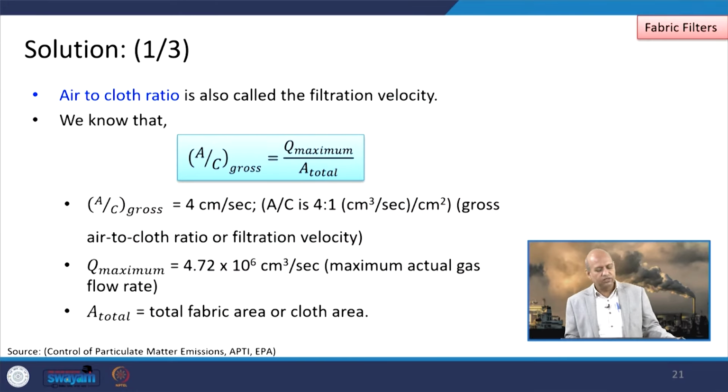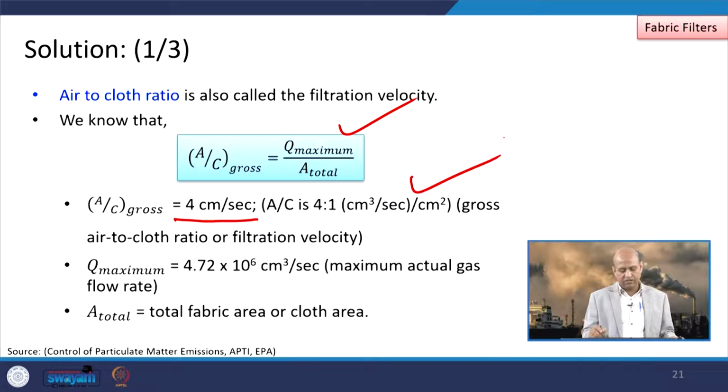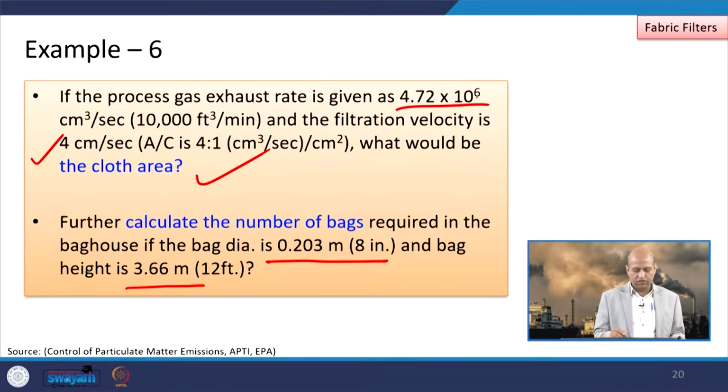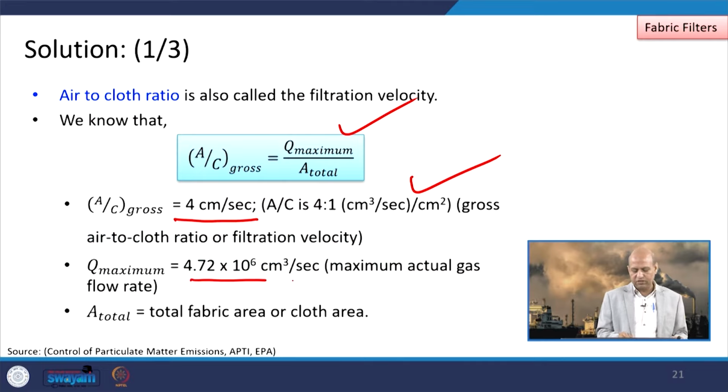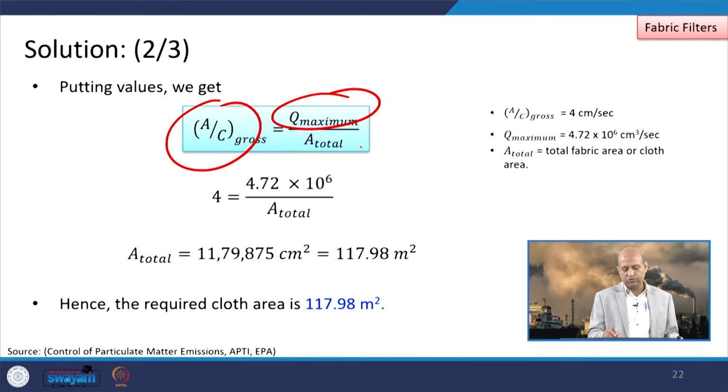The air cloth ratio, A by C gross, is Q maximum divided by A total. A by C gross is given as 4 centimeter per second or 4:1, so you can use this relationship. Then 4.72 is the value given for Q maximum. A total, the fabric area, is what we need to find. Since this ratio is given, and Q maximum is given, A total can be easily calculated with this relationship.